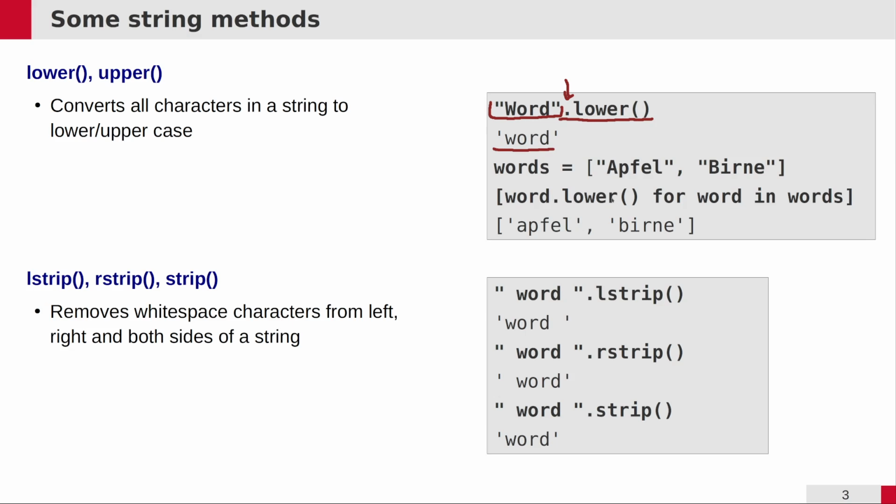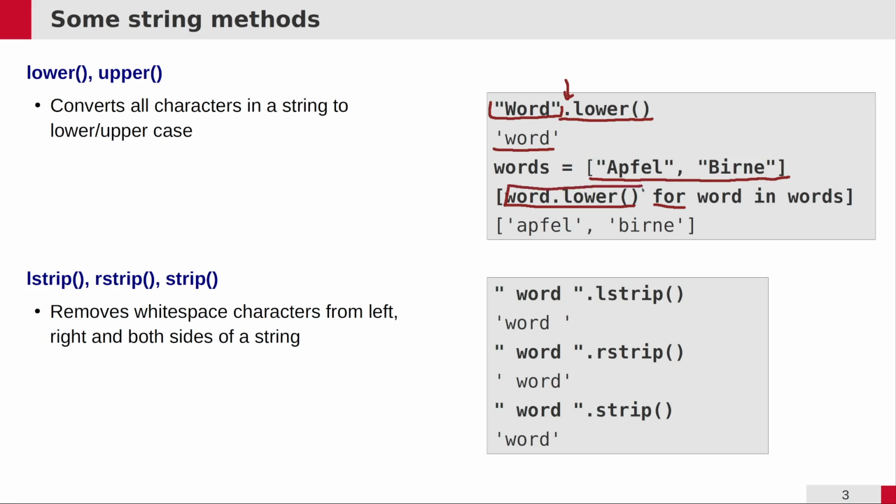If you want to do it for a collection of strings, a list of strings, so here you have two different strings and you would like to create a new list with the same strings but all converted to lowercase, then of course you can use the list comprehensions which we already discussed in the previous videos. You are making a for loop, and the expression in the list comprehension is word.lower.